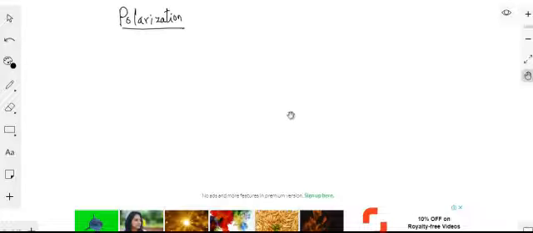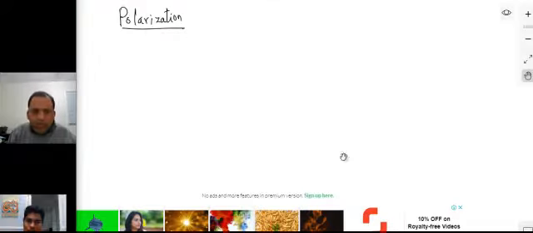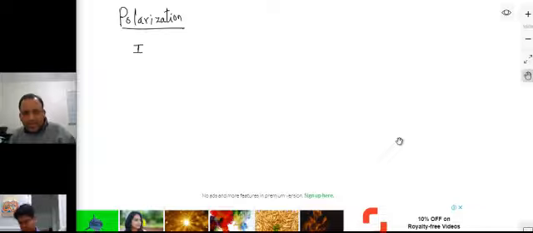Okay. So this is the idea of vectors, pretty much. Remember that intensity of light has to do with energy density, energy per unit volume, if you want.